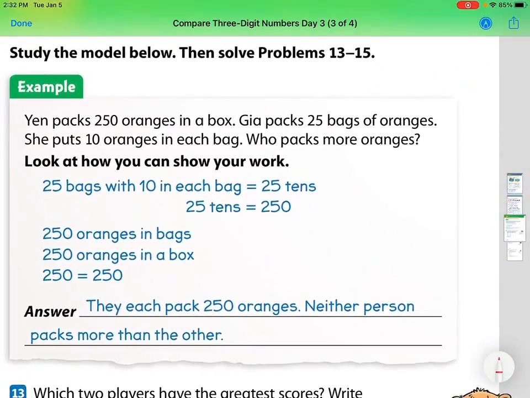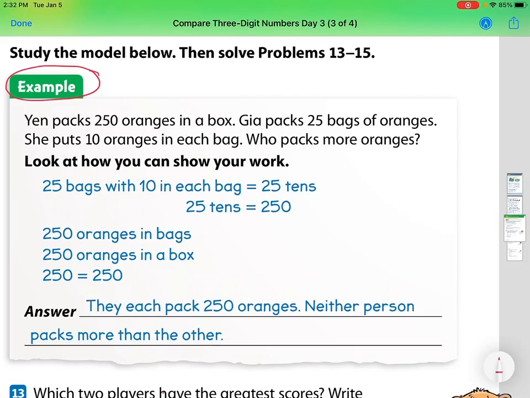And on 110, they're giving us an example first, and they want us to read the problem and see how they solved it, to give us some ideas on how we could go about solving some of these problems. It says Yen packs 250 oranges in a box. Gia packs 25 bags of oranges. She puts 10 oranges in each bag. Who packs more oranges? All right.